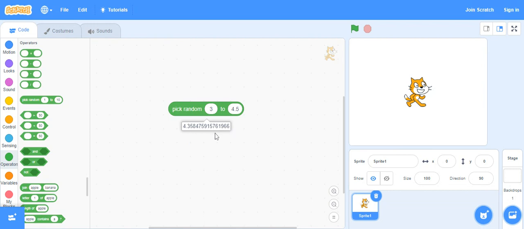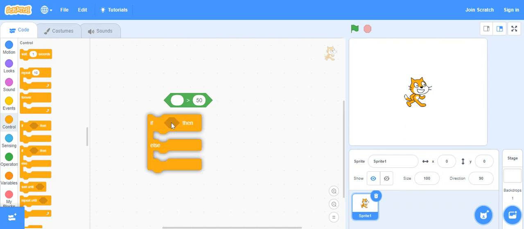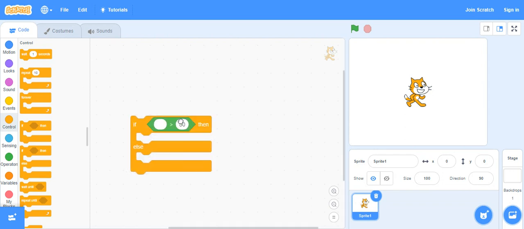This is our random number. So as you can see, it mostly has given us different numbers every time. Now this is used in the control blocks, the condition blocks.